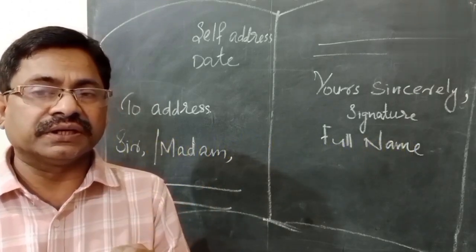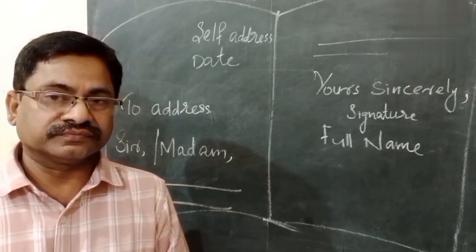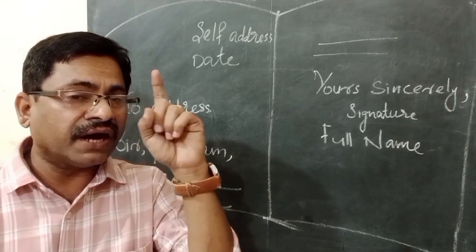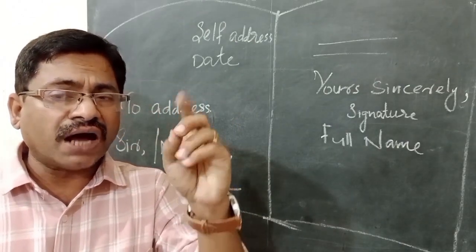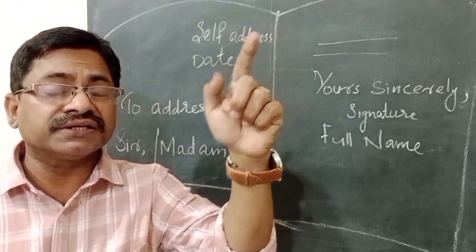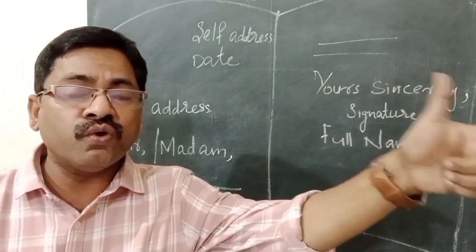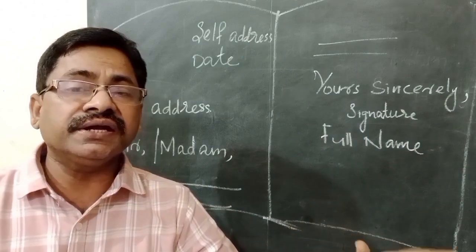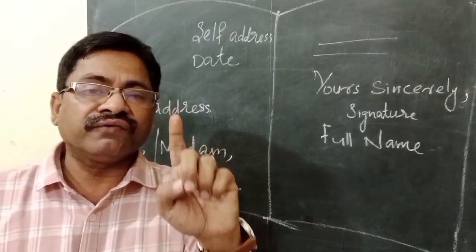If this is the question, how can we make the to address? First of all, we have to go through the first line. Write a letter to the assistant engineer of electricity board. To whom you have to write a letter? The assistant engineer. So that is what we have to write in the first line.